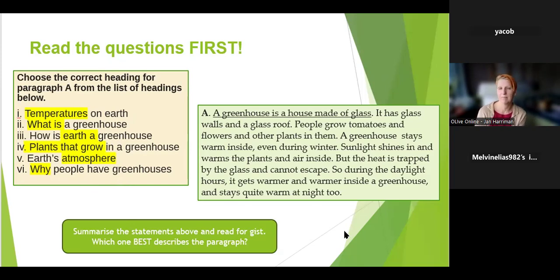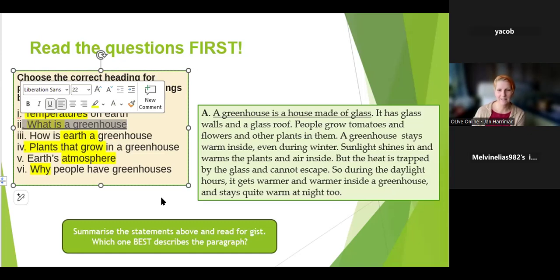So now we know what we're looking for. Read the first sentence in the paragraph and make a guess. What do you think? What is a greenhouse? It certainly looks like it, right?